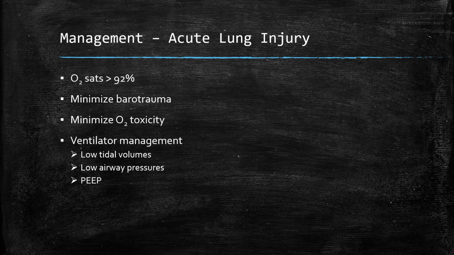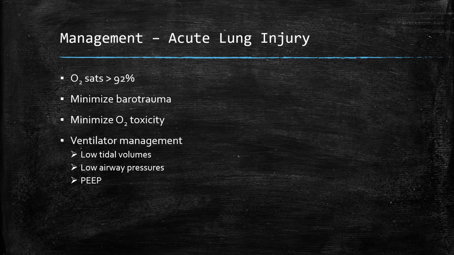The management goals in acute lung injury are to keep the oxygen saturations above 92% while minimizing barotrauma and oxygen toxicity. We minimize barotrauma by using a low tidal volume setting on the ventilator and keeping airway pressures below 30.